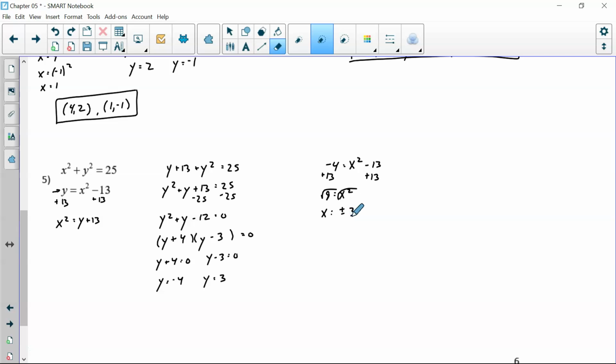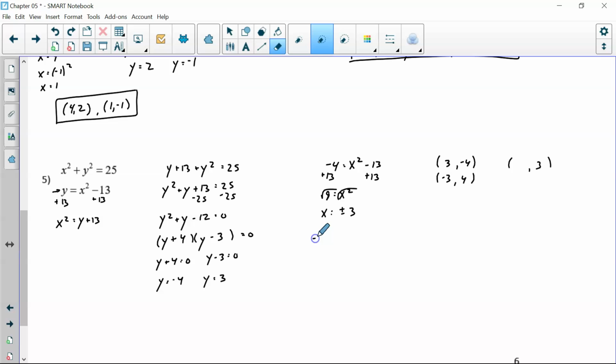So what that does is that gives us the solution of our y value was -4. But our x values, we got a positive 3 and a -3. Now we also have to see what happens when y equals 3.